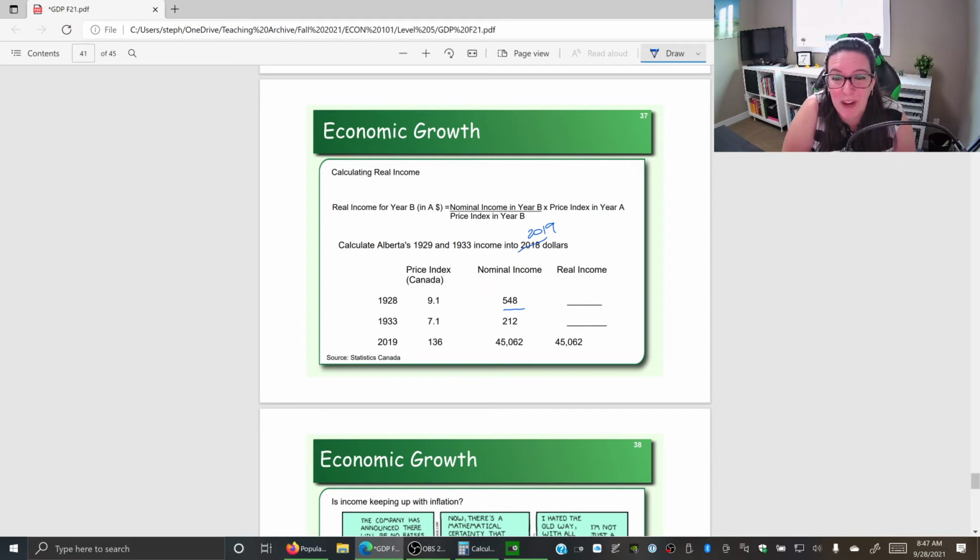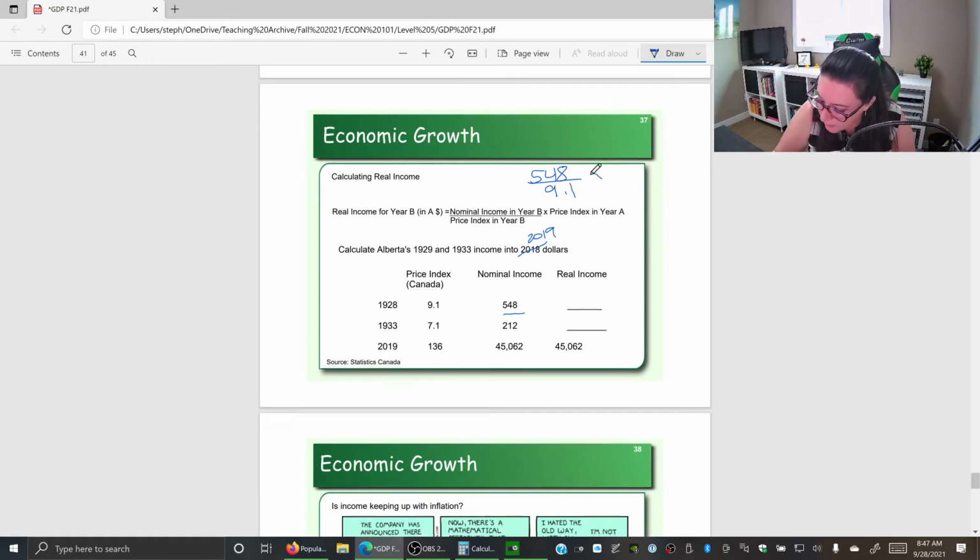All right, I want to convert it into 2019 dollars. So I'm going to take my nominal income of $548, and I'm going to need to take out the inflation from that same period. So I'm going to take my 548 and divide by the CPI in that time period.